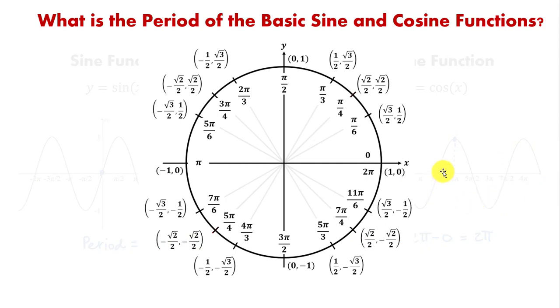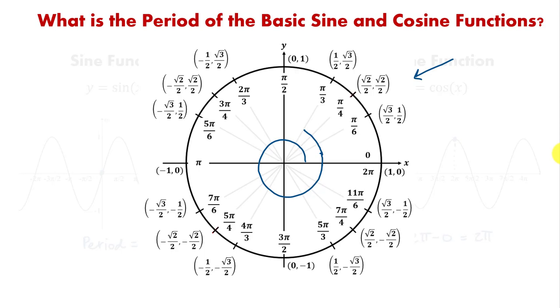Well, this can also be observed if we look at the unit circle. Remember, on the unit circle, the x and y coordinates of the points represent the cosine and sine values of the corresponding angles. That's how we can find function values of angles as we sweep around the unit circle, from 0 to 2 pi. But what happens after that? As I keep rotating to obtain more angles, I can see that the cosine and sine values, in other words, the coordinates of those points, start repeating.